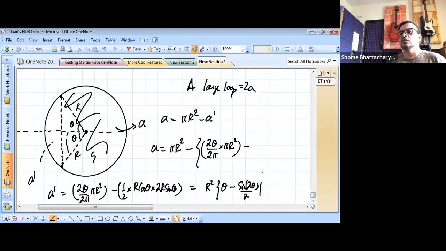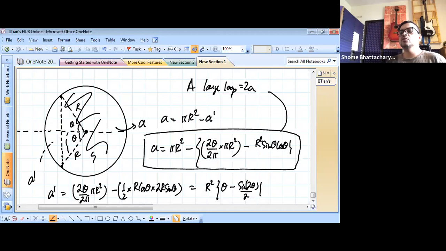Okay, so this is the same thing here. The large area is double of this, and the small area is just double of this. So you use that over there.